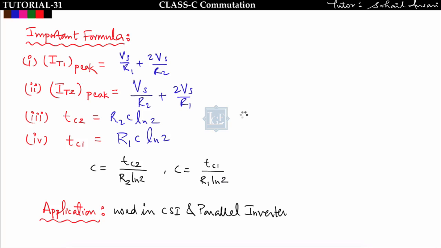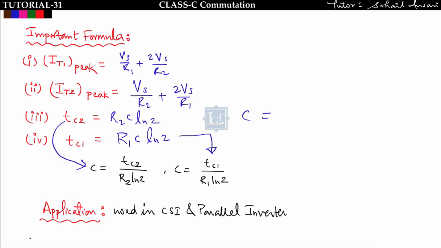So here you will get two values for the capacitor. If you find the capacitance using this equation, then C is equal to Tc2 by R2 ln2, and if you find it using this equation, then C is equal to Tc1 by R1 ln2. So you are getting two values of capacitance.